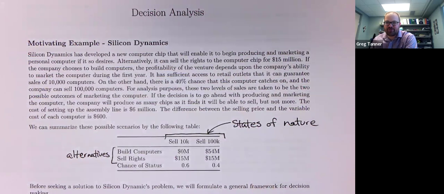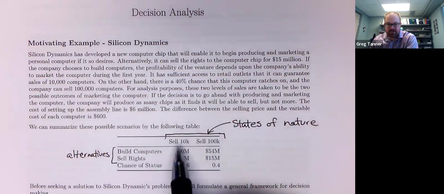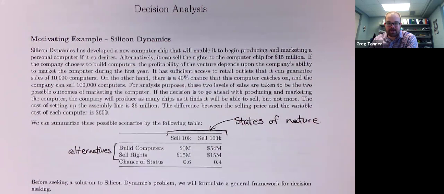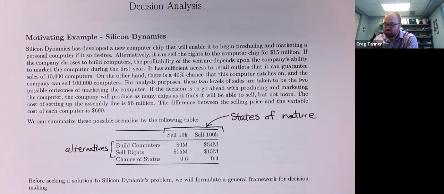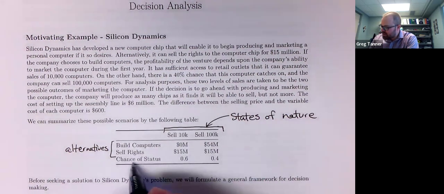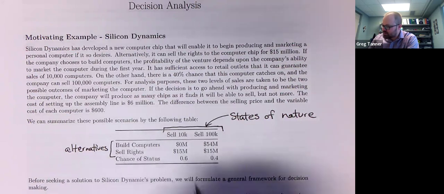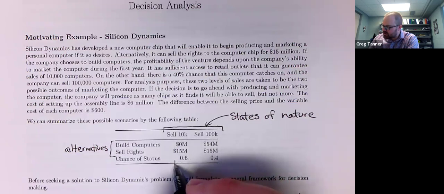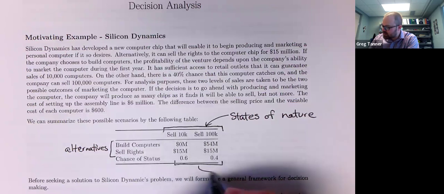They'll do their best job to market them, but there's some element of chance. There's some chance that they'll only sell 10,000, and there's some chance that they'll sell 100,000. That chance, in the last row in the table, represents the probability: a 60% chance that they only sell 10,000 and a 40% chance that they go broader and sell 100,000.